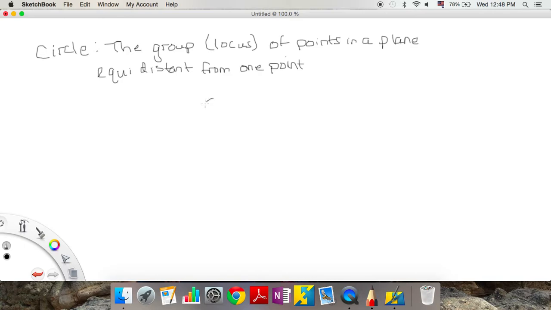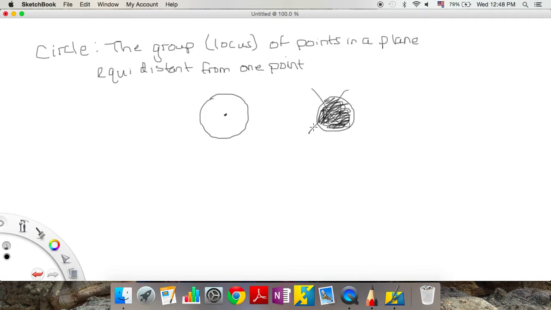So if you have a circle, they're all equidistant from this point. Now, this line out here is a circle. If you have a picture like this, that's not a circle. That's a circle with a whole bunch of stuff filled inside it. Okay, only the line on the outside is a circle.